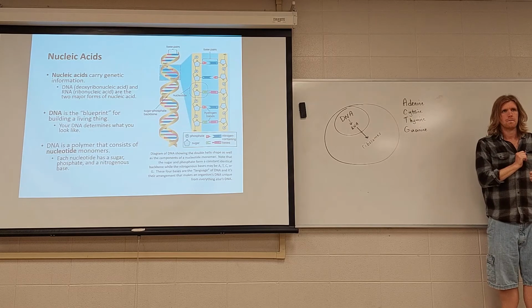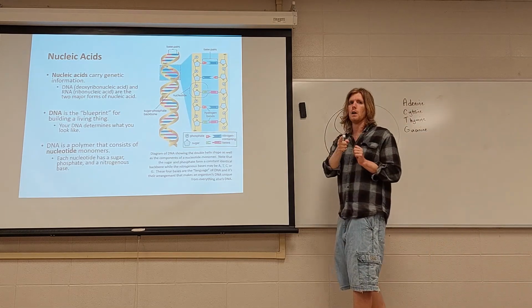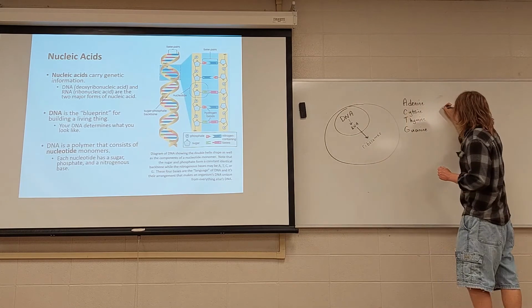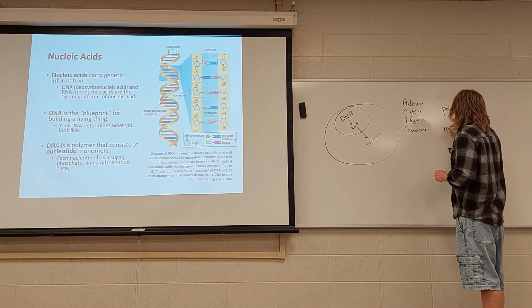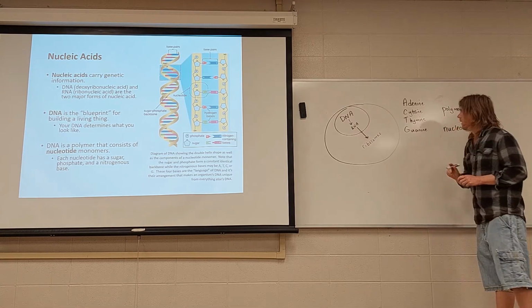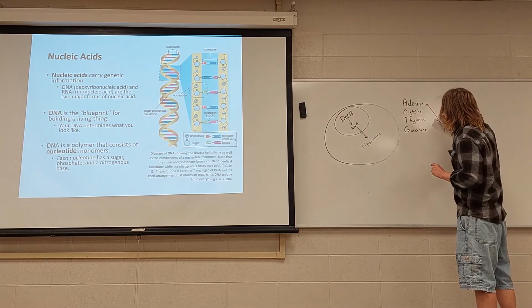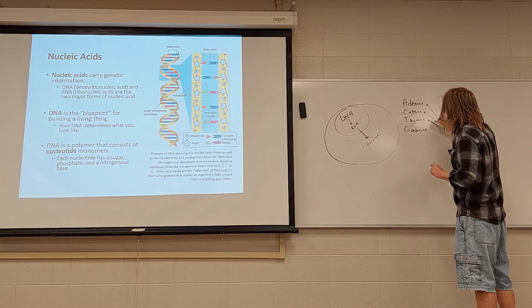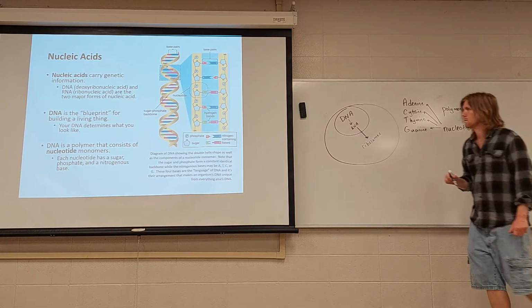ACTG. DNA is a polymer, like we've mentioned, and the monomers are called nucleotides. A nucleotide contains one of these 4 letters, just one.